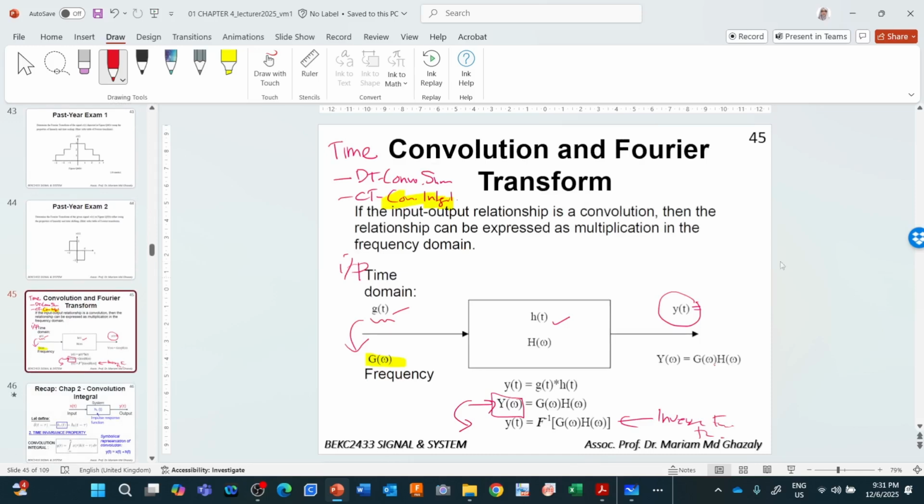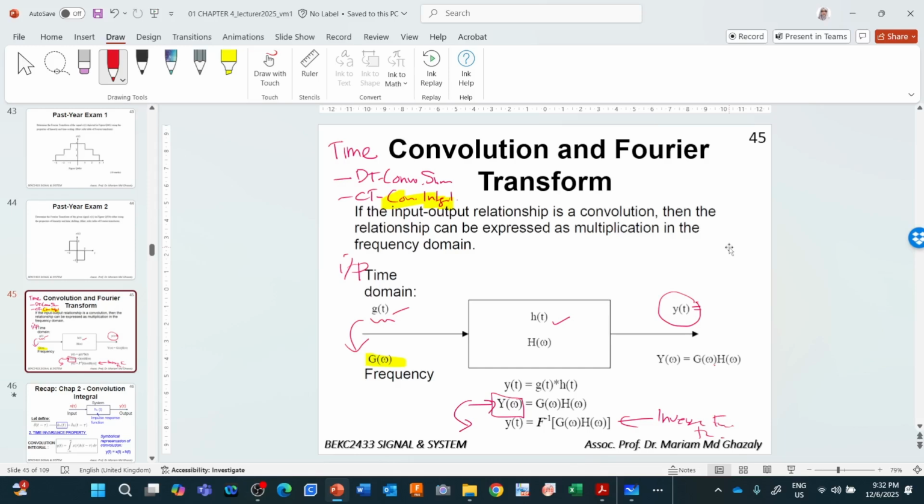Alright, now we go to convolution. Again, chapter 2? Why? We already did convolution. So convolution, basically, in Fourier transform, if you remember what you did in chapter 2, you have the convolution integral for continuous time.